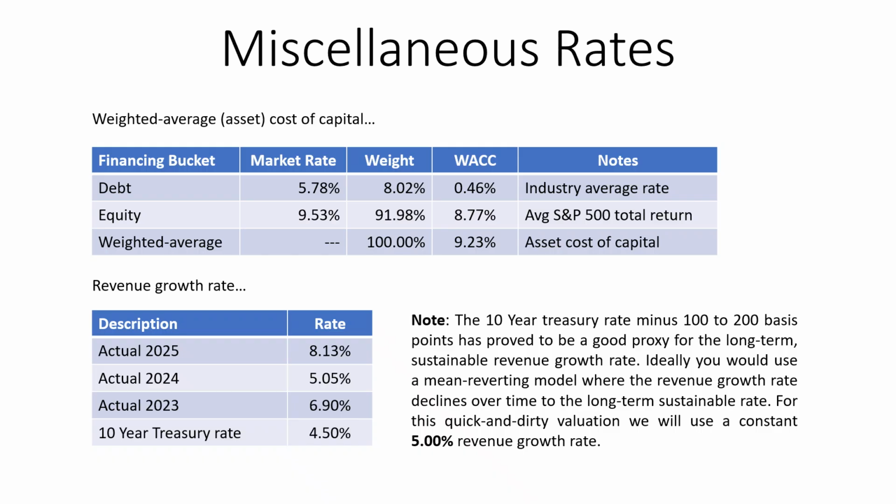We add those up. So based on their financing bucket weights, we have a cost of capital for Costco of around 9.23%. And again, we refer to that as the average or the asset cost of capital.